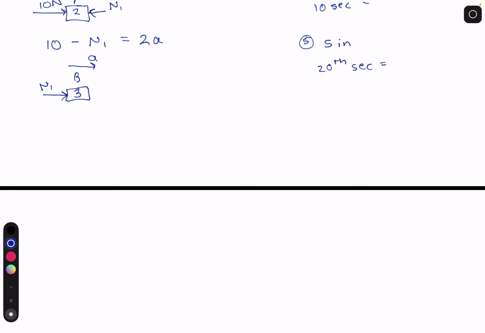N1 is equal to 3A. Let's call this equation 1 and let's call this equation 2.